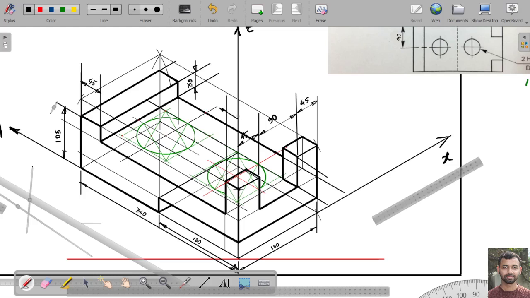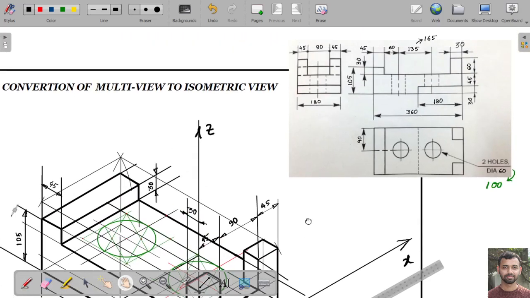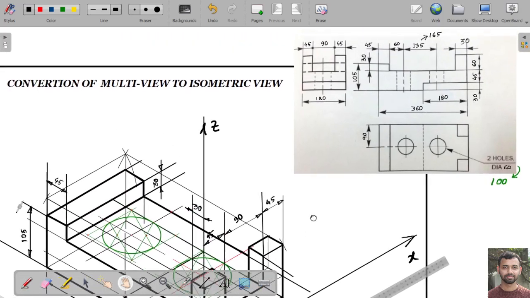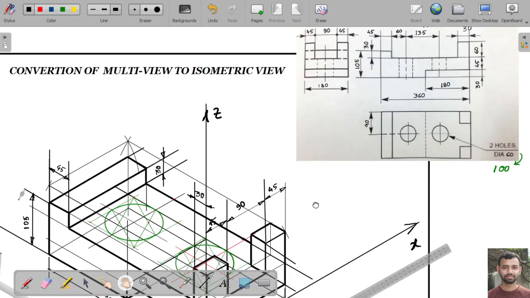So from this point to this point, this one is 30. Okay. So next is this is 30, and now we have to put the locations.